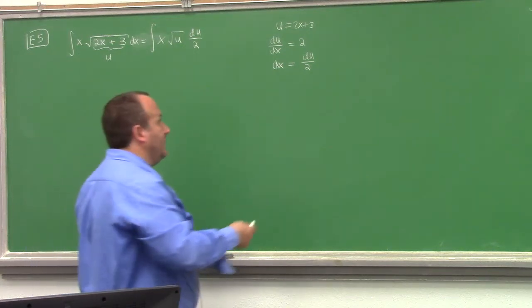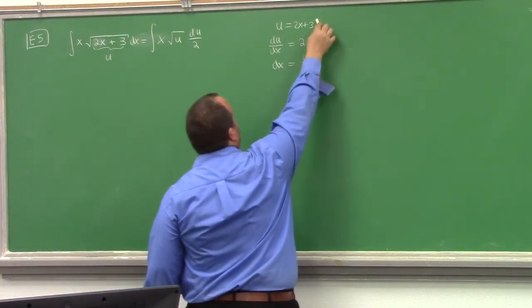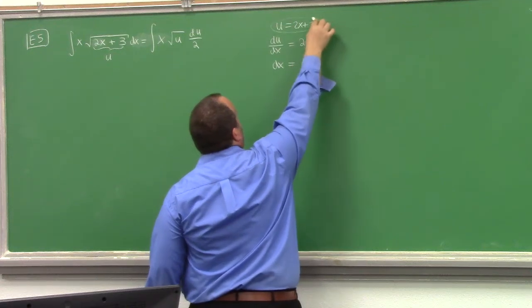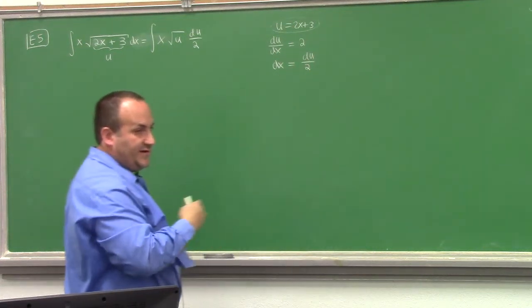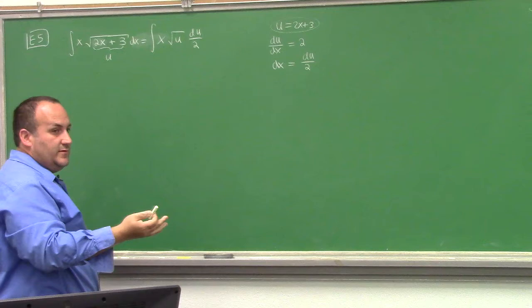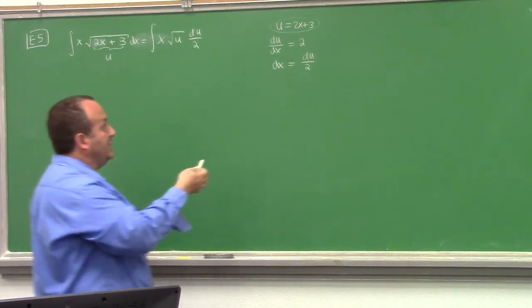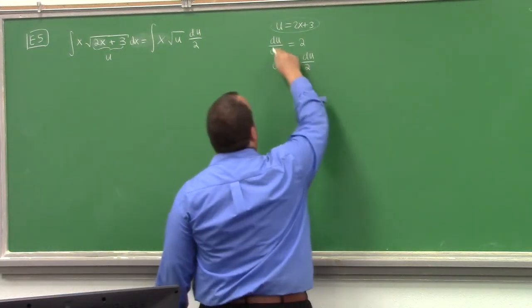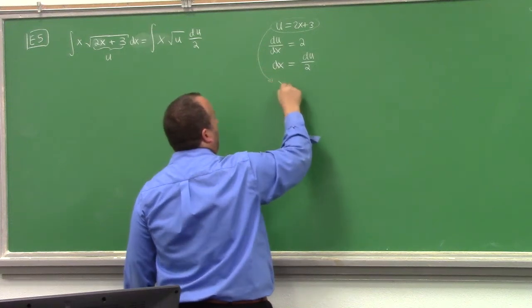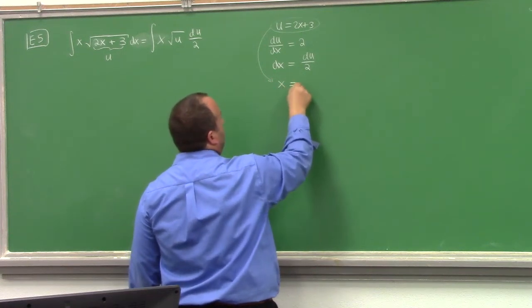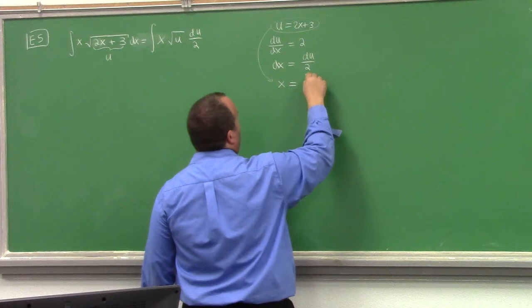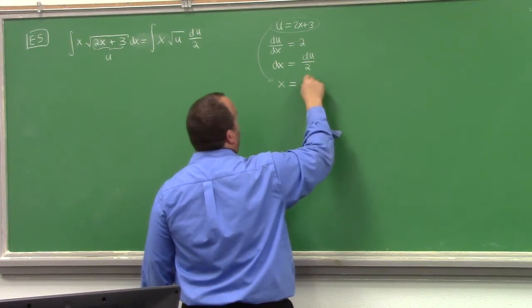I would focus your attention on this equation right here. This is the relation of x to u. So solve that for x. What do we get? X equals, yeah, 3 halves.